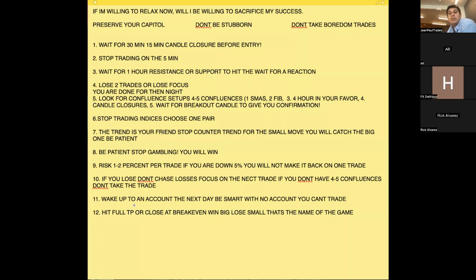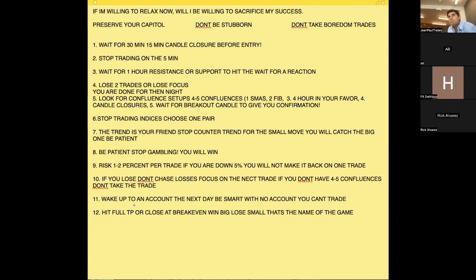So I stopped using SMAs, moving averages. I still have them in my TradingView, but I have them turned off. I've already simplified my trading. I've simplified my strategy. My strategy is very simple. It's 4-hour support and resistance.